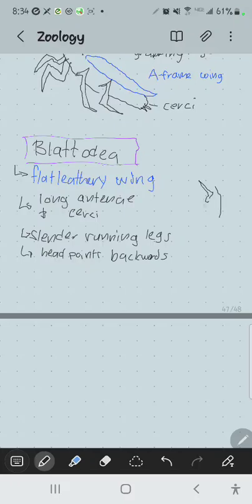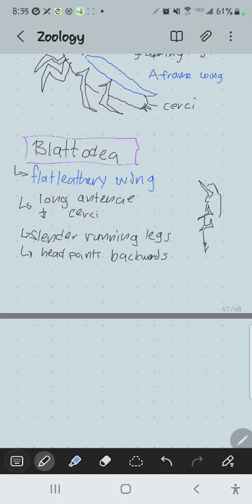So what you're really seeing from the top is just the first thoracic segment and the antennae sticking out. You can see that here, where you see this first thoracic segment plate, and this is just the top of its head. The mandibles and everything else are pointed backwards and underneath their ventral thorax. That's the idea there.